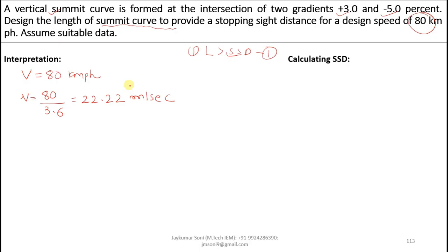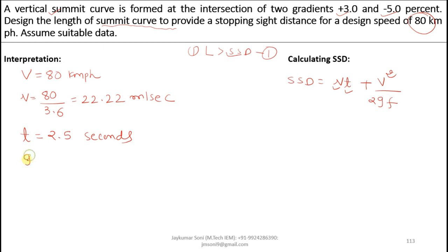Now, the equation for SSD is Vt plus V square by 2gf. We need to consider the value of t, which is the reaction time. We will assume it as 2.5 seconds. We have calculated the value of v and the value of t. Remember that this is small v and this one is also small v.